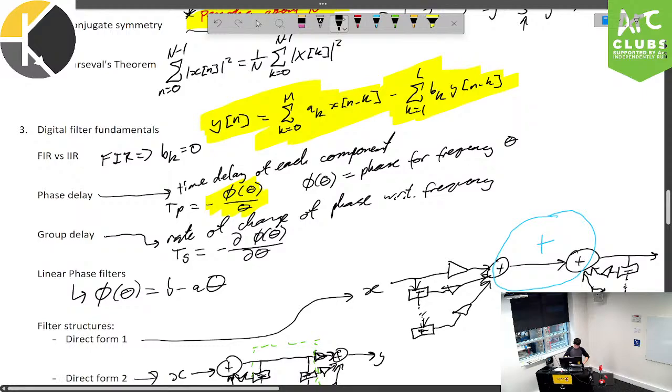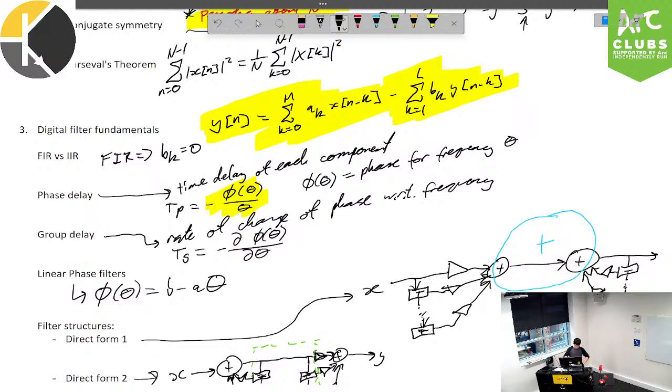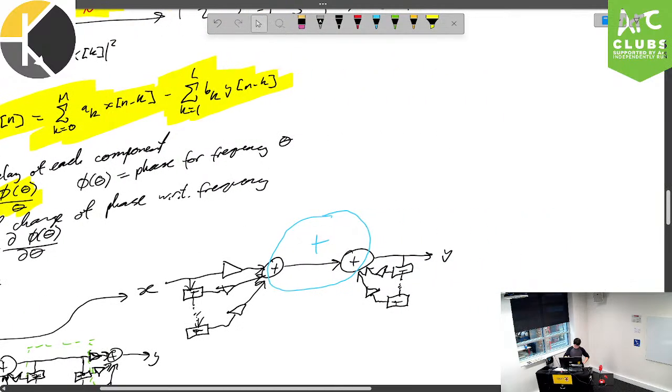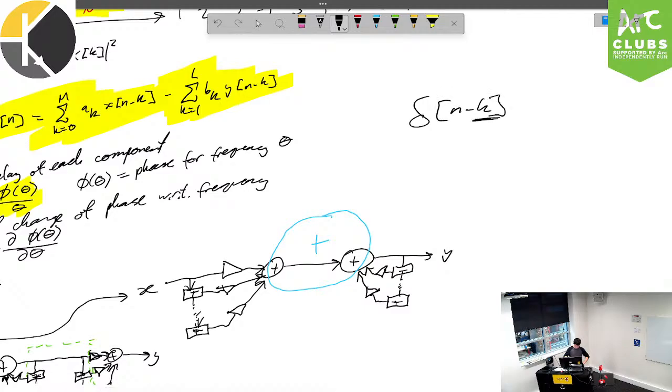We don't use it too much. We are more concerned about group delay, but phase delay gives us a bit of insight into how much time each individual signal is going to be missing out on. Okay? Which can be very helpful when you just want to quantify potentially some kind of k value if a system has been delayed by a certain amount.